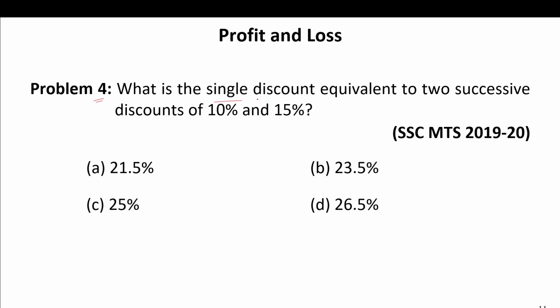So what is the single discount equivalent to two successive discounts of 10% and 15%? Let's first do it by the formula method. Okay, so let's do it by method 1, that is the formula based. So A and B percent of successive discount is equal to A plus B minus AB by 100 percent, right?